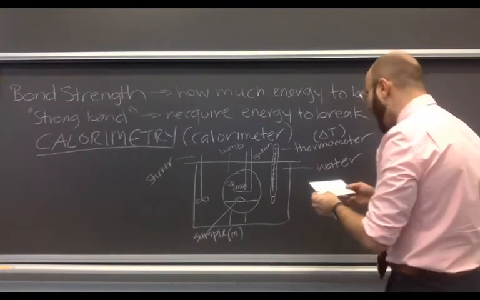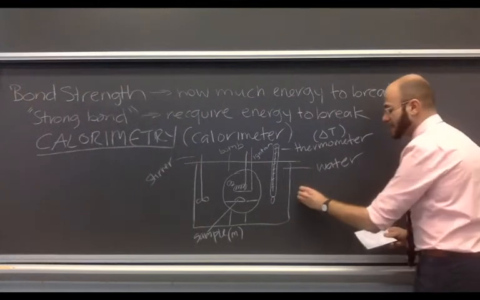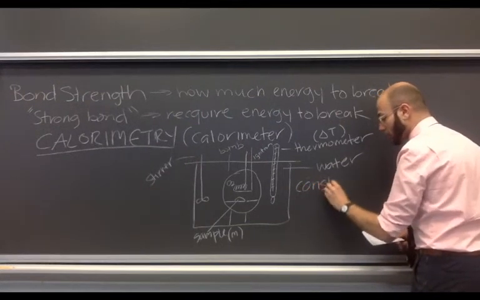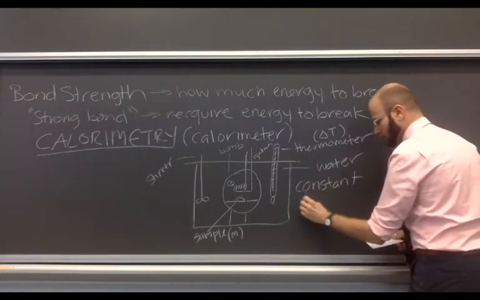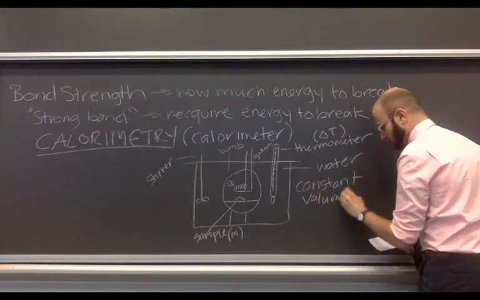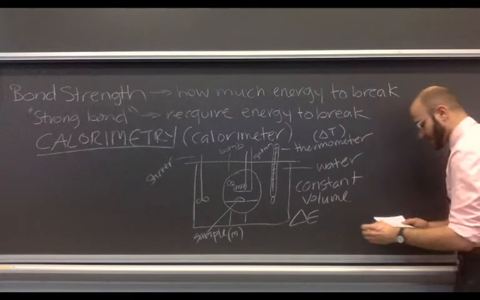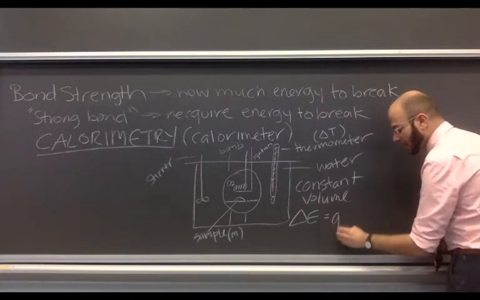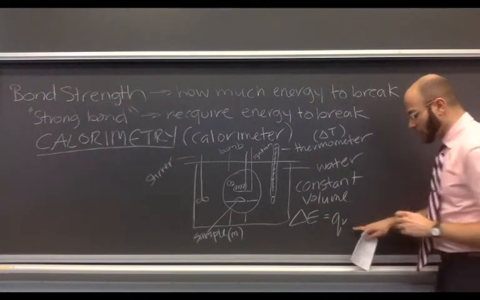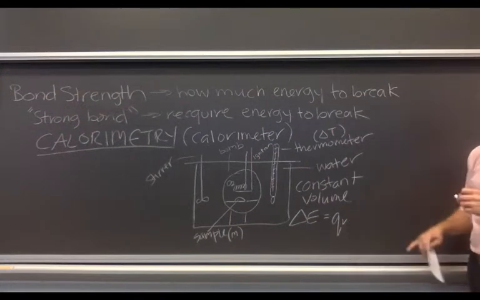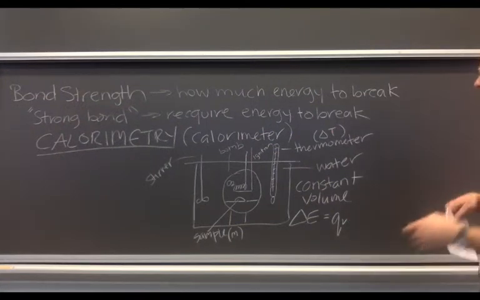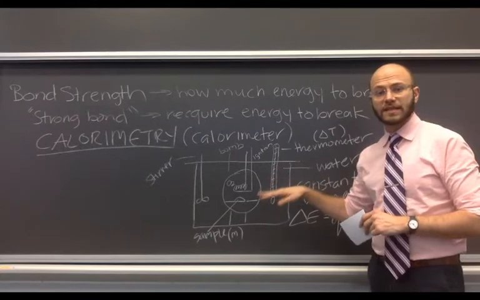And so what we're going to find in this case, right, no surprise, is that we are at constant volume. And so in this case, we can say that the change in energy of the system is going to be related only to the heat at constant volume. That's what that little V is going to mean here today. And so this is going to be a very specific system.